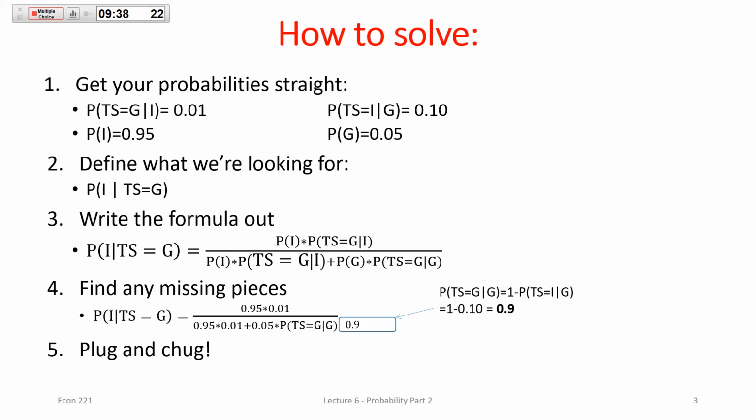Now I'm interested in the people who are actually guilty. So my denominator will look the same. It's just that now the second part of my denominator would be my numerator. The part on top is the number of people who are guilty and the true serum made them say they're guilty. So if you wrote this out, you should have the exact same denominators as before. These two would likely be flipped in order, and then your numerator would just be that second row.